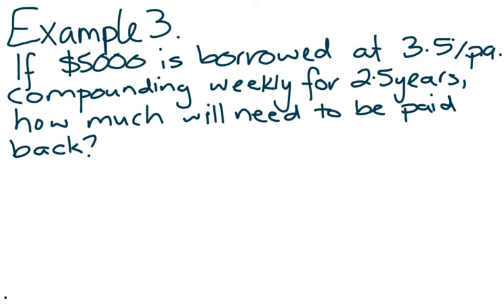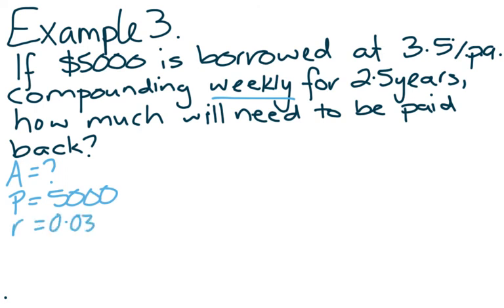Last example: $5,000 is borrowed at 3.5% per annum, compounding weekly for 2.5 years. How much will need to be paid back? This is only asking for the amount, not the interest, and it says it's compounding weekly. A, we don't know. Principal is 5,000. Rate is 0.035.